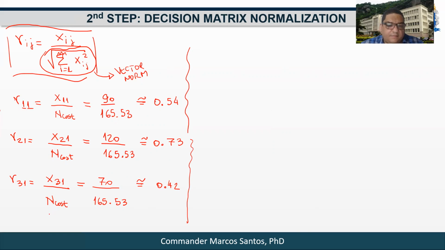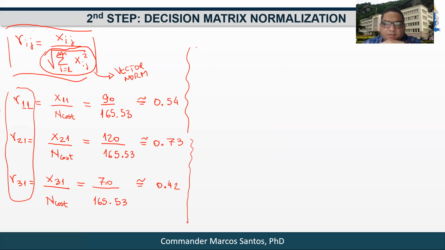Now, here I finished the first column, the cost column. Now I will calculate the second column, the column of deadline installation.